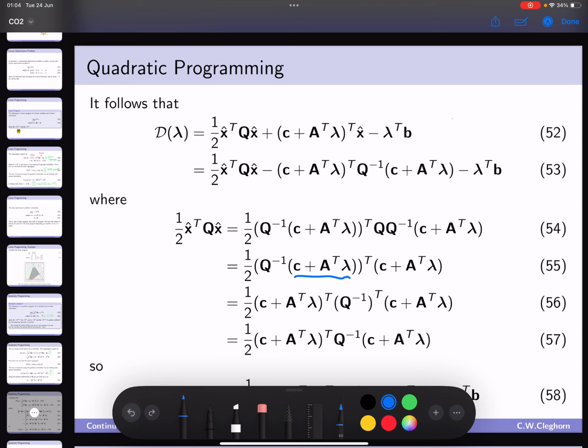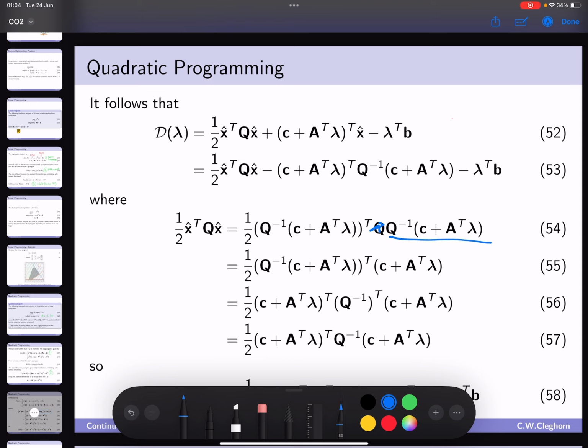So we're just going to flip that ordering, and so you end up with (c plus a transpose lambda) all transposed times q inverse transposed over there, and so we've now applied this transpose up here and simplified accordingly.